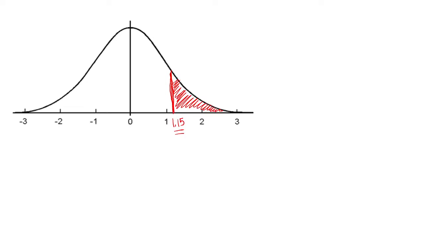Next, you make use of the table now. What is the area of 1.15? Look at the z table. Who can give me the value for the area of 1.15? The z is 1.15. What is its area?